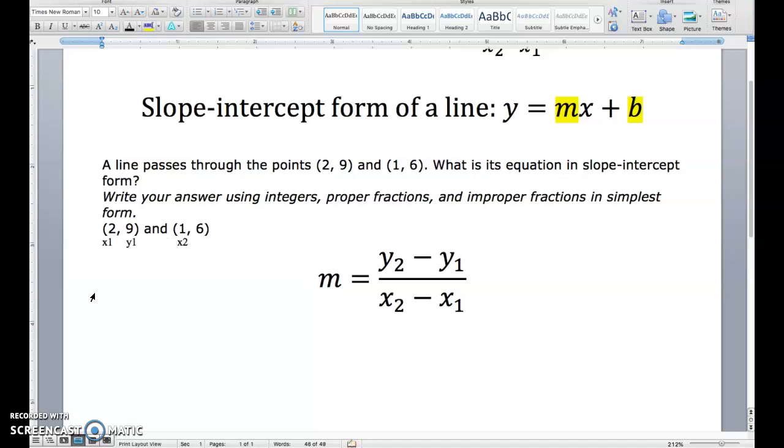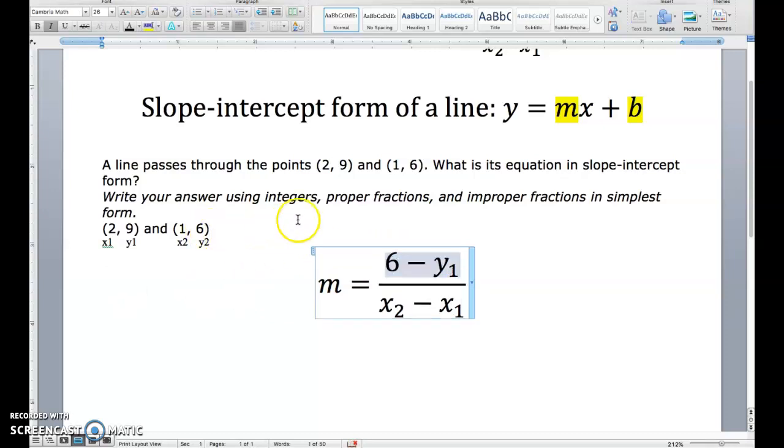This one is my second x value, so x2, and 6 is my second y value, so y2. So y2 is 6, y1 is 9, x2 is 1, and x1 is 2.